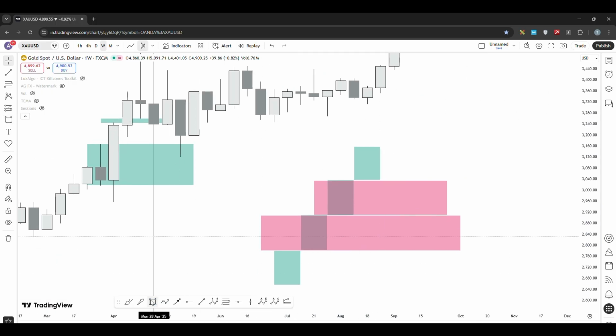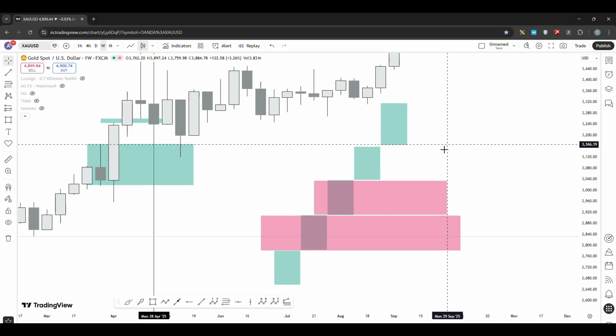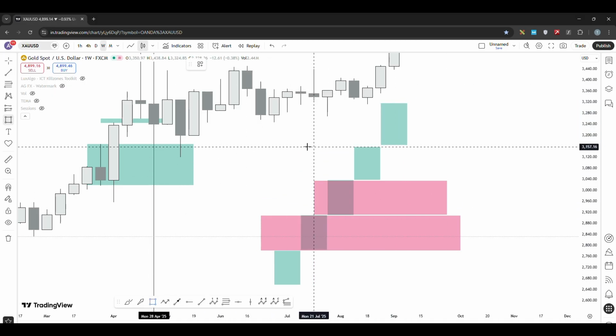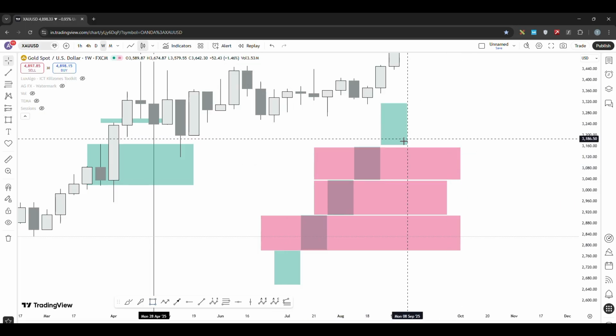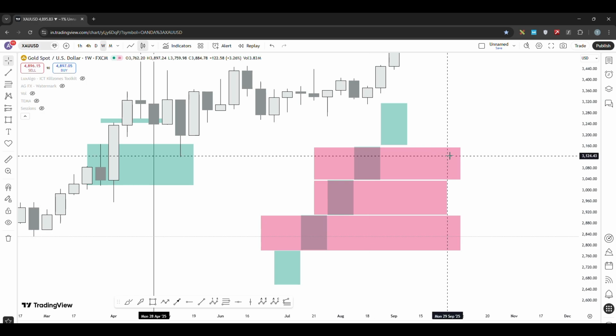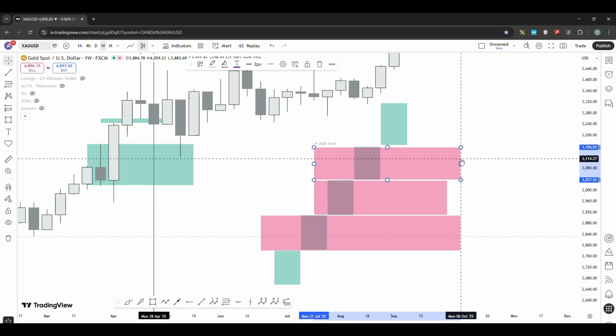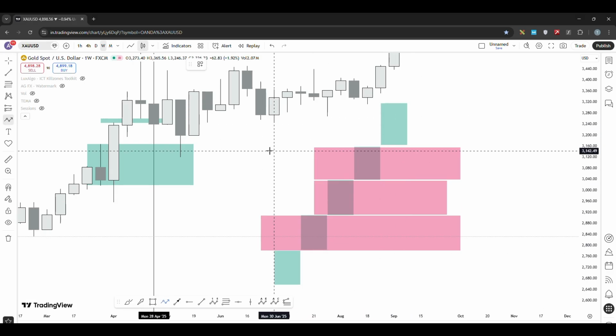Let's say we see more candles like this, back-to-back candles. Okay, so in this case, this is also a fair value gap, right? So when you see this kind of multiple fair value gaps, then which one should you consider? So you have to consider the first one. This will be the most important because this is the first imbalance where market is right now.